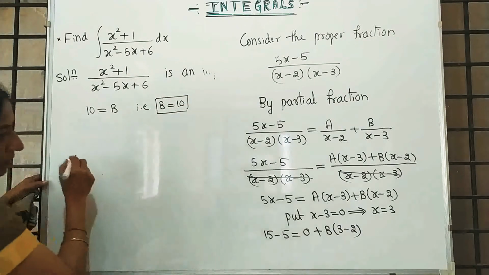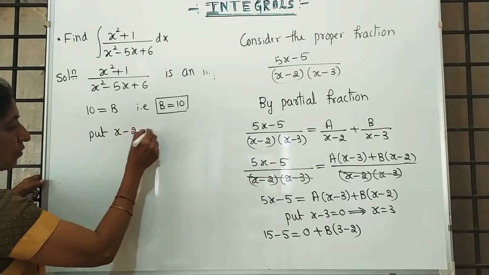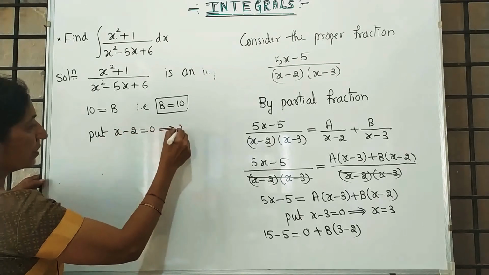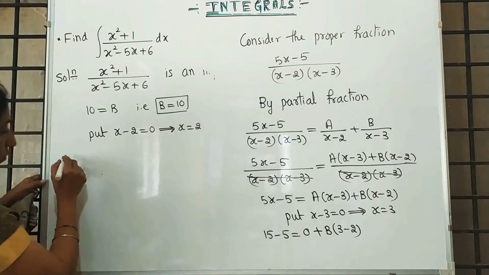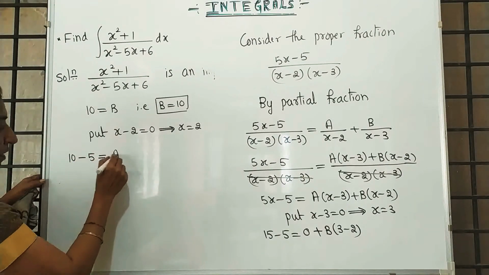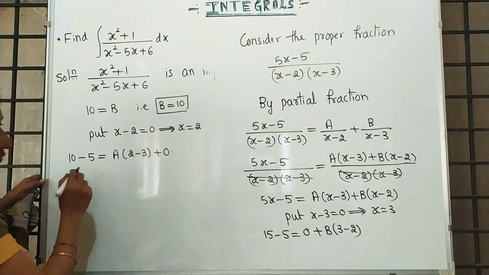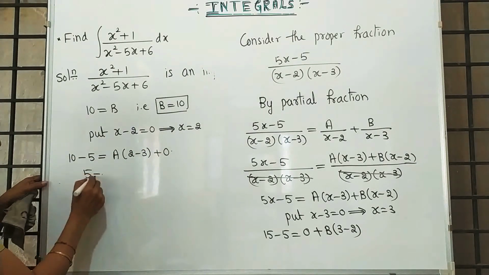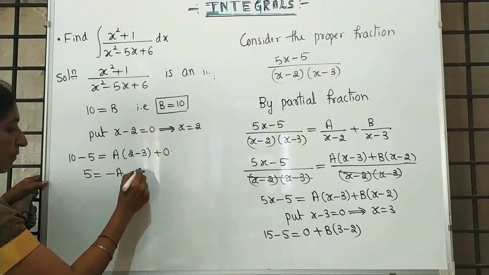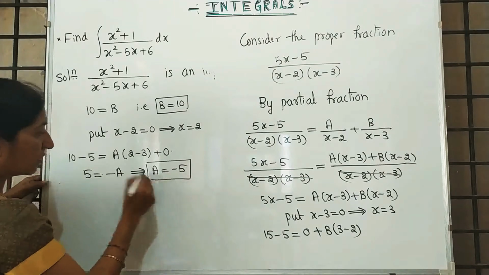Select the next one. Put x minus 2 equal to 0, that is x is equal to 2. 10 minus 5 is equal to a into 2 minus 3, and the b term is 0. Now 5 is equal to minus a, which implies a is equal to minus 5.